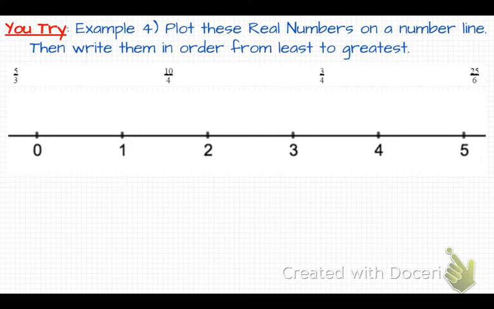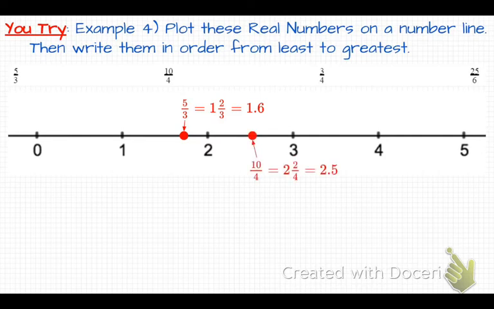Okay, 5/3 is between what two numbers? 1 and 2. What is it closer to? It's closer to 2. Where does 10/4 fall between? 2 and 3. And what is its relationship between those two numbers? It's in the middle. That is exactly half.